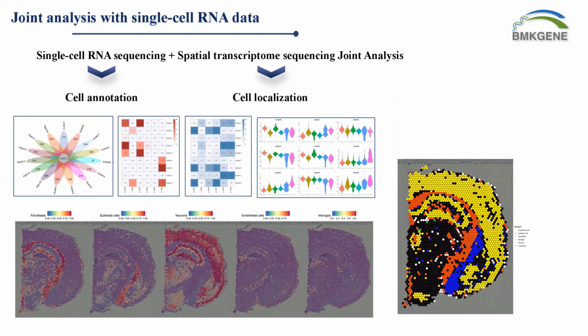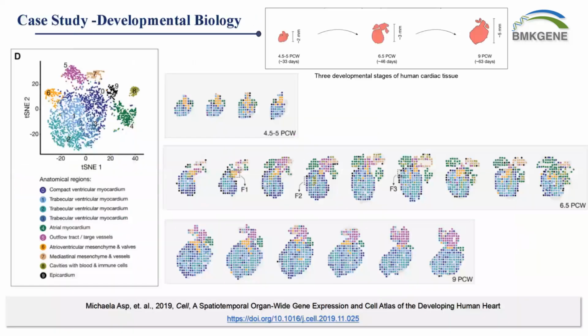And I would like to show you a case study here. This is a very integrated study in which they try to get a spatial temporal cell atlas of the developing human heart, and they use many different technologies. In this study, they take three developmental stages of human cardiac tissue.